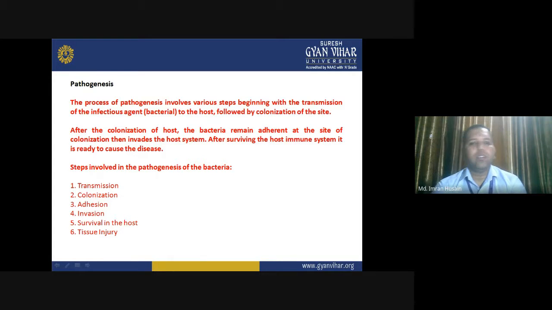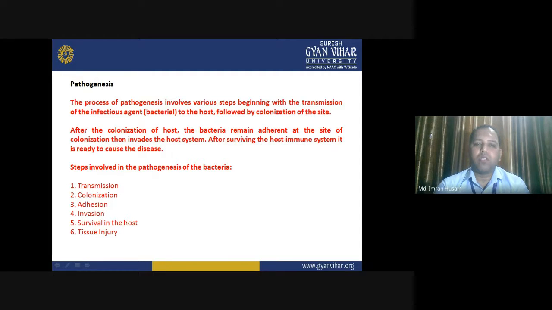The process of pathogenesis involves steps beginning with transmission of infectious pathogenic agents, here in the context of bacteria, to the host, followed by colonization of the site. So we have transmission of that pathogen, coming into contact with the host, followed by colonization of that particular site.